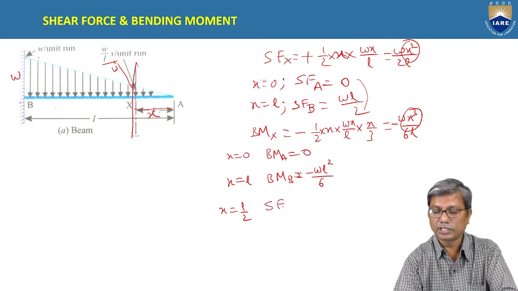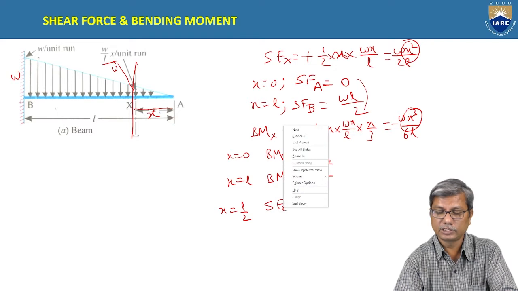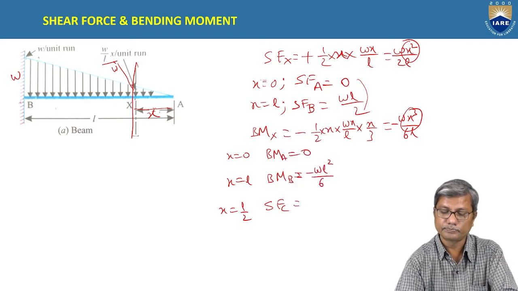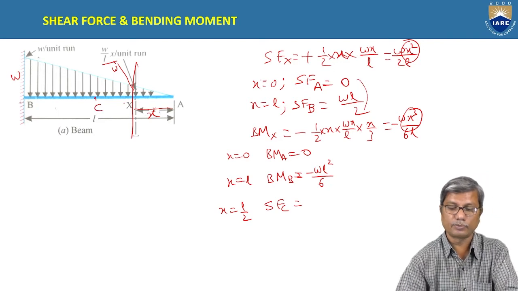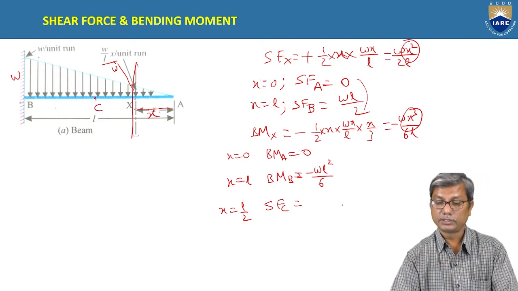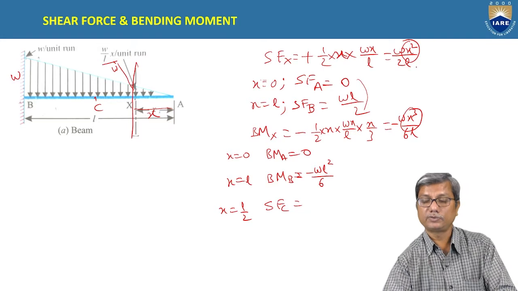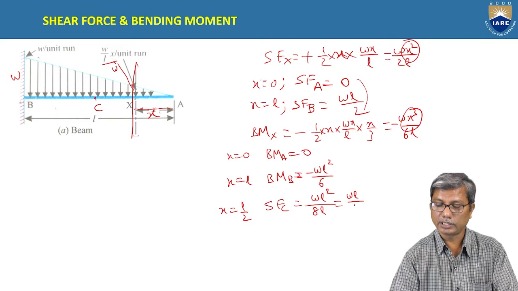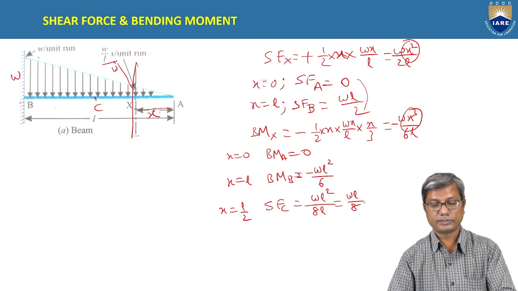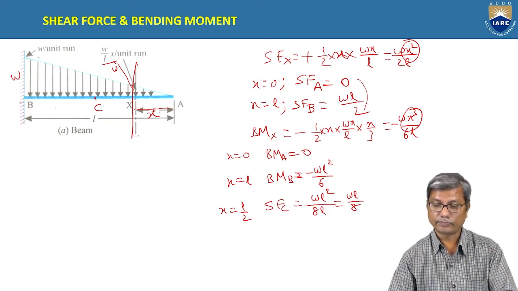So at x equal to L by 2, we find the shear force at C. Let C be the midpoint, at x equal to L by 2. What is the shear force at x equal to L by 2? It is WL square by 8L, or WL by 8.